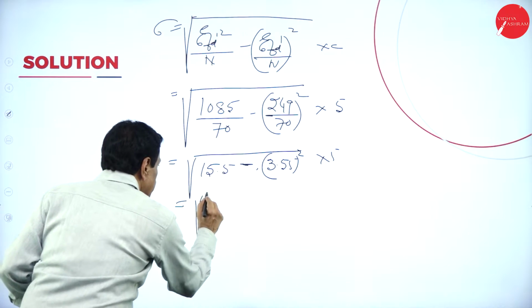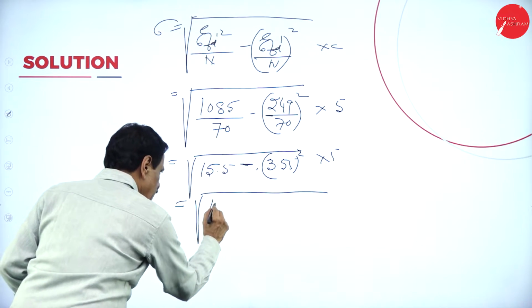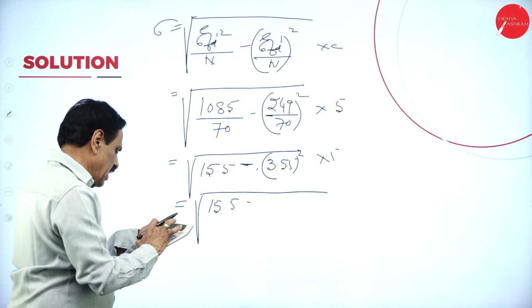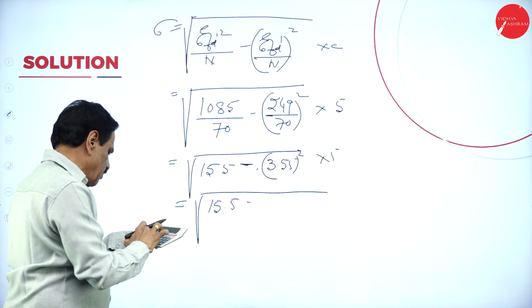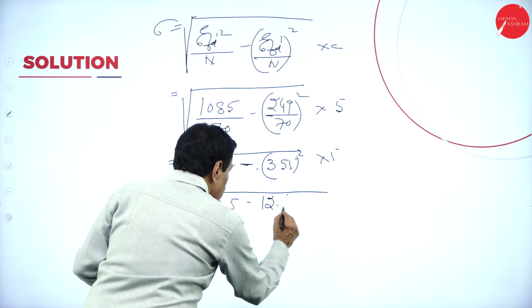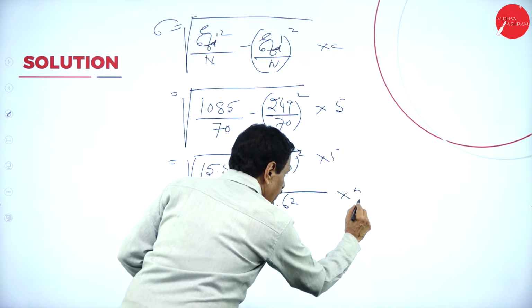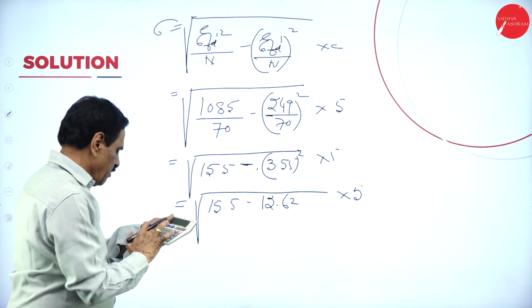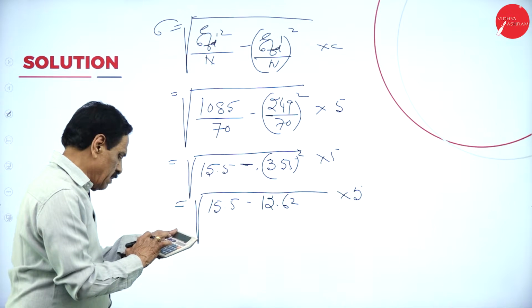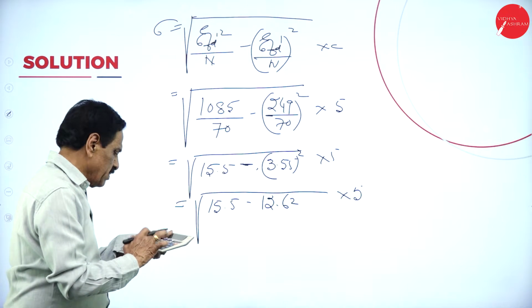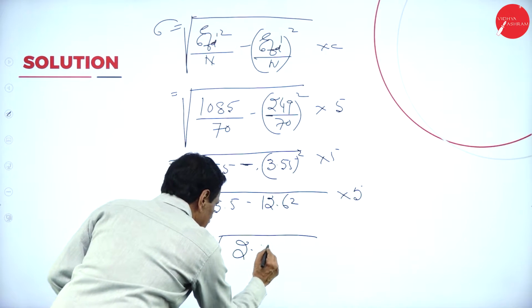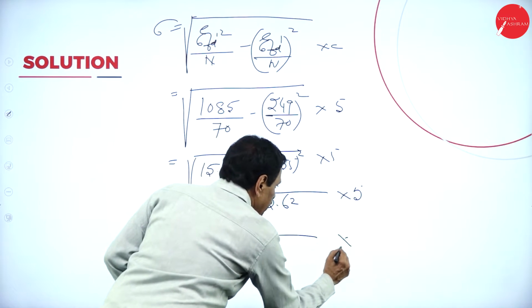Simplify this. 15.5 minus 3.55 into 3.55, which is 12.62, into 5. 15.5 minus 12.62 is equal to root of 2.88 into 5.